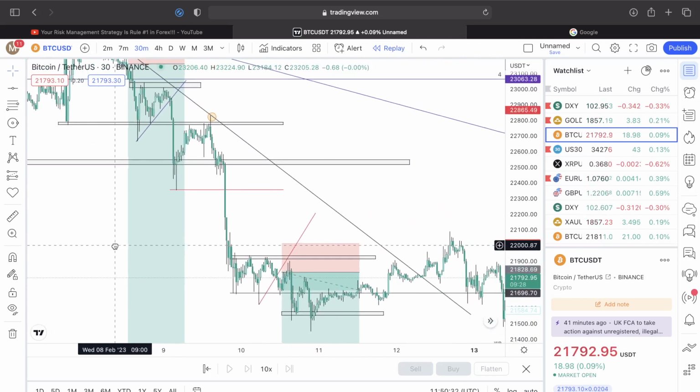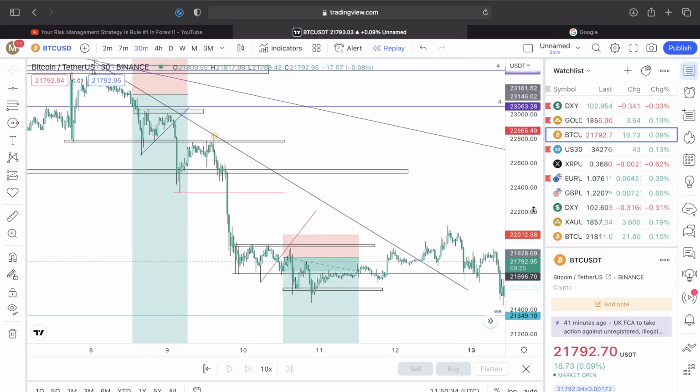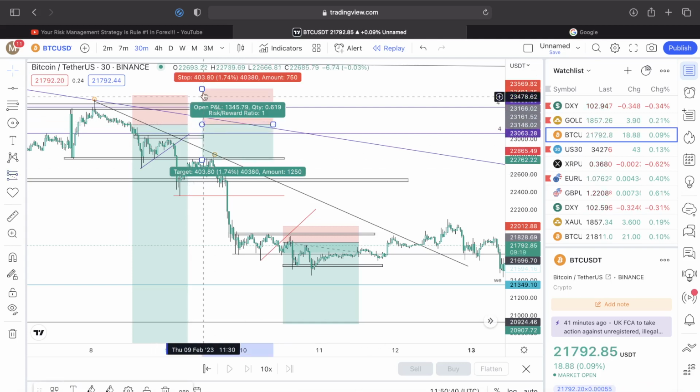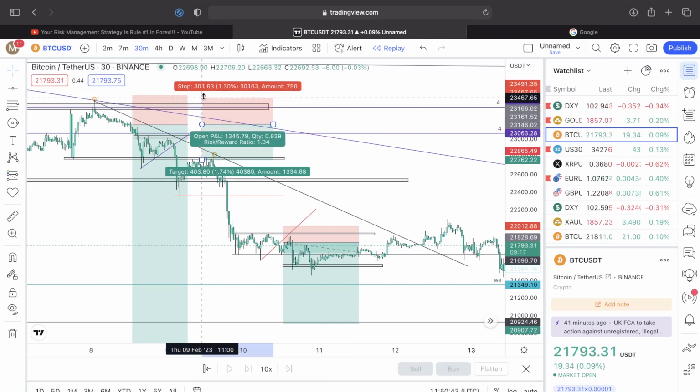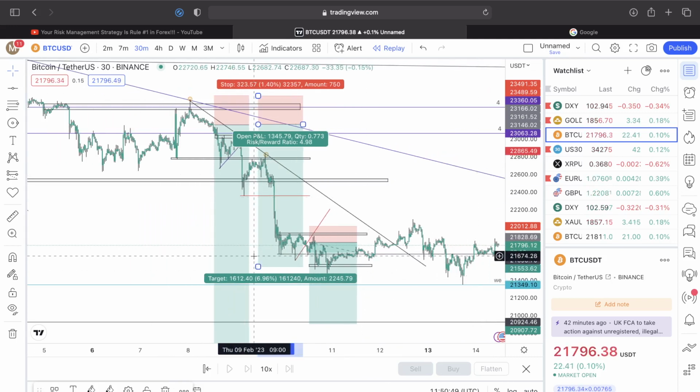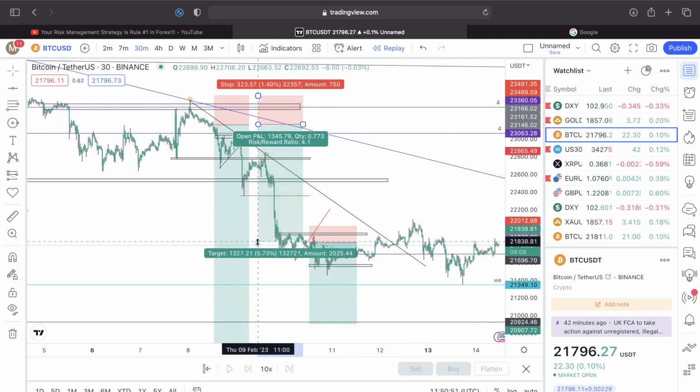Let us see how far I'm in profit. You can take partial profits out. You can go long, short here and there, boom, boom, boom. And I'm in profit now. So I am right now at 1 to 4 risk reward, in profit.